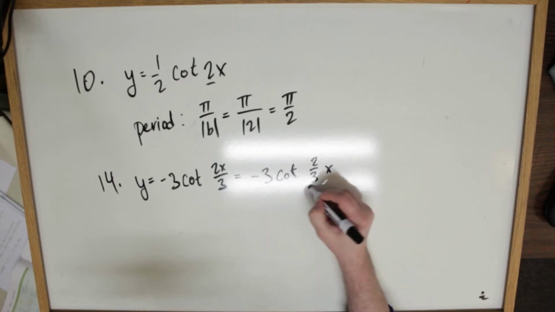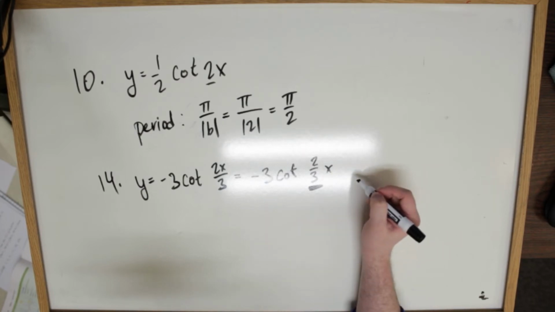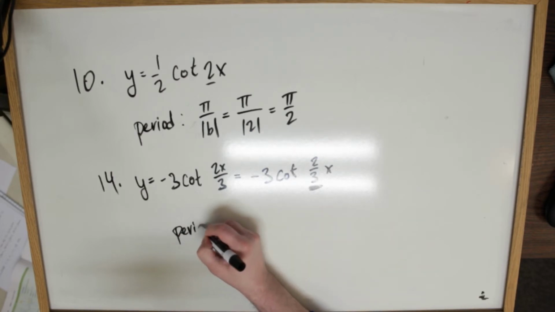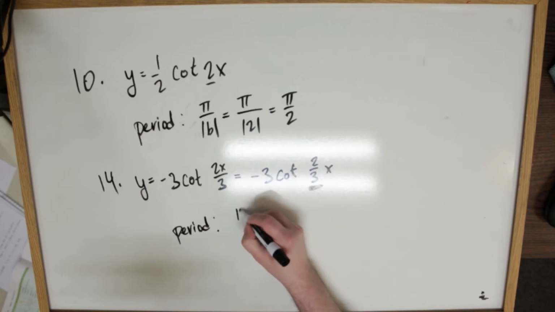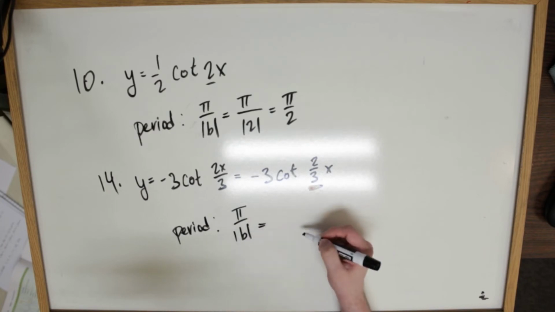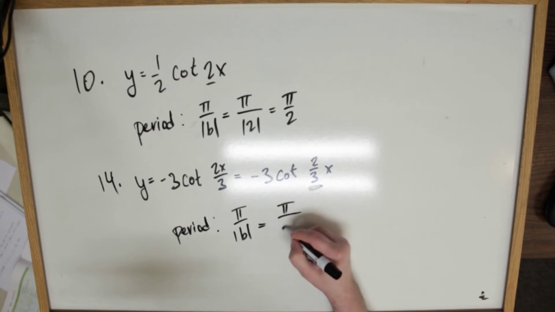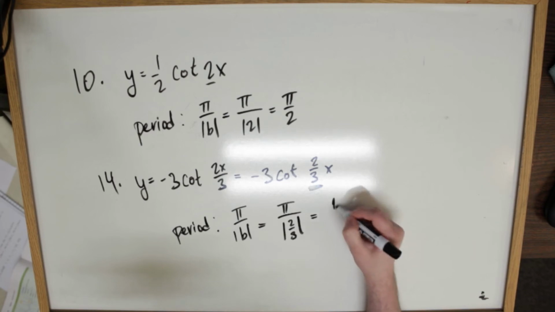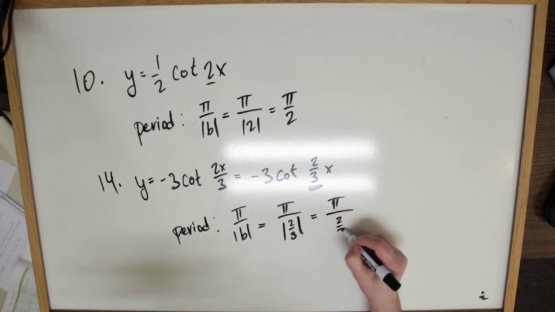Your b value is just going to be that fraction right there. So remember, the period is going to be based upon pi over absolute b, which in this case is going to equal pi all over absolute 2/3, which is equal to pi over 2/3.